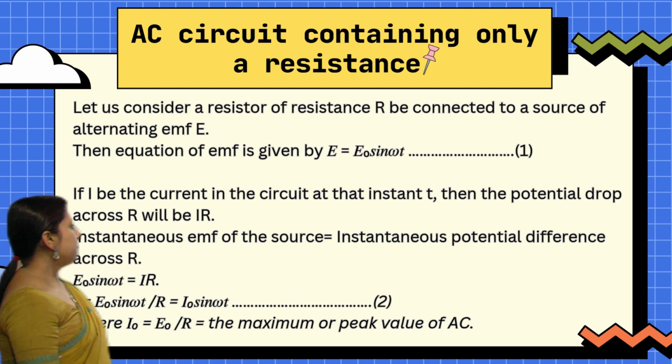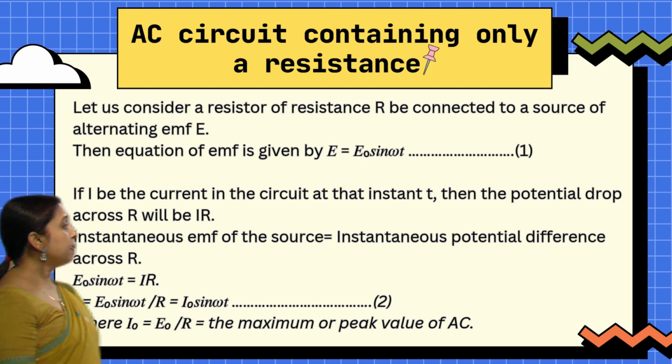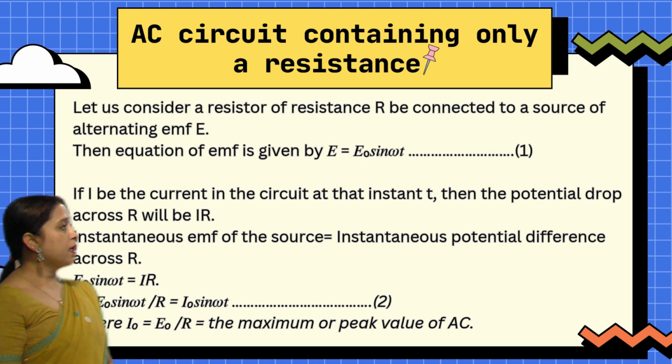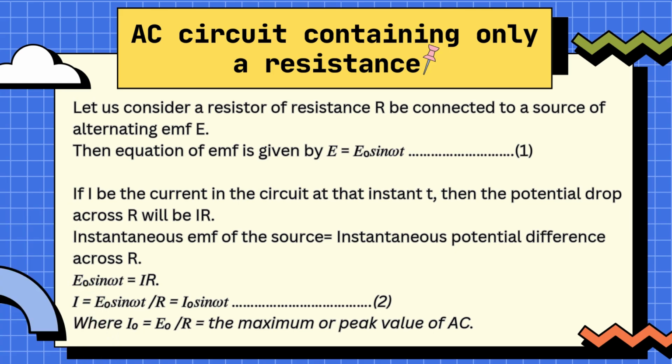Let I be the current in the circuit at any instant of time t. Then the potential drop across the resistance R will be IR. So in this circuit, the instantaneous EMF of the source will be exactly equal to the instantaneous potential difference across R. Therefore, we can say that the EMF E, which is equal to E naught sin omega t, is exactly equal to IR.